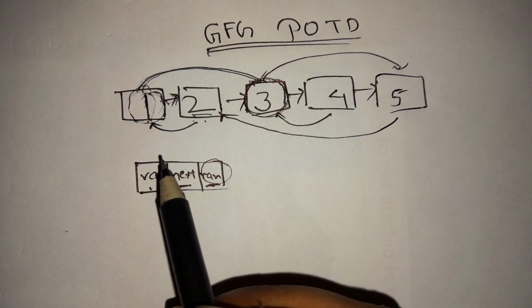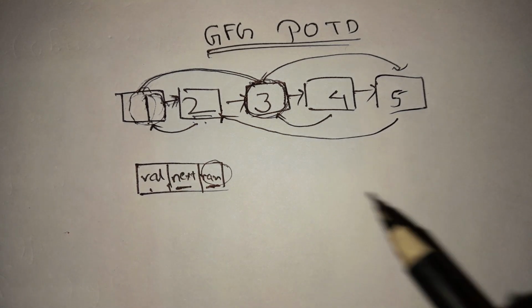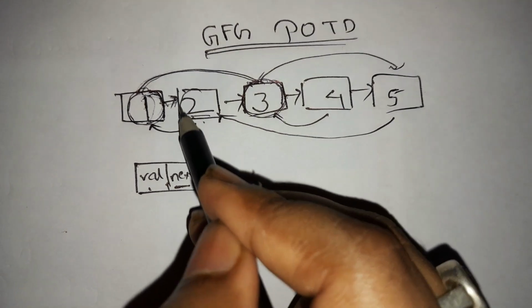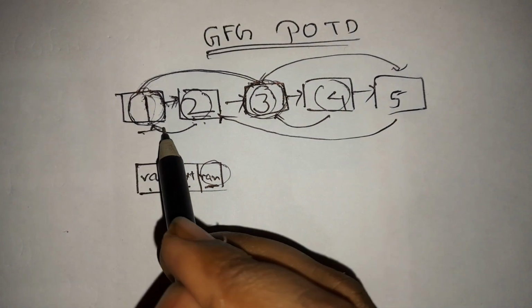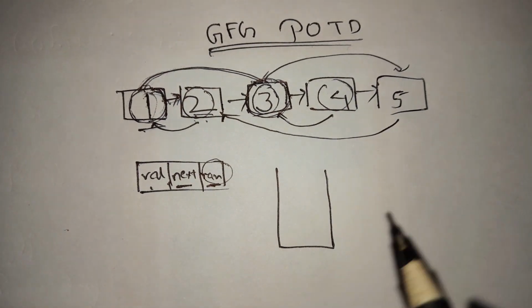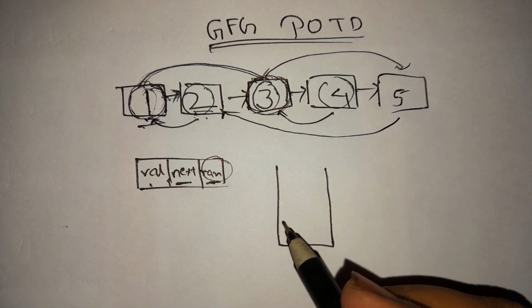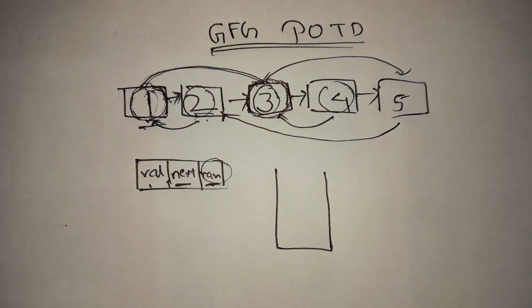One thing I can say is that you can store each and every node. After creating every node, we can store it into a map. So how can I create the hash map?